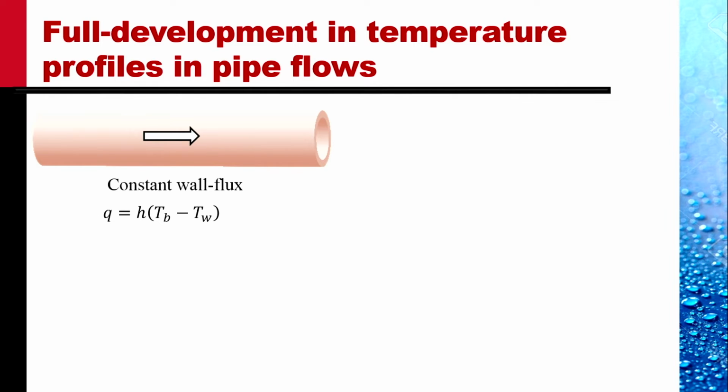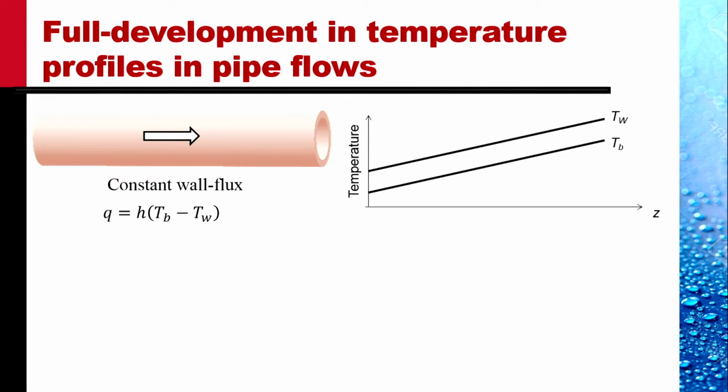The bulk temperature, as you recall, is something like the average temperature of the fluid. If you take the fluid at a given location and you let it run into a mixing cup and mix it up, then the resulting temperature is called the bulk temperature. So the heat flux is h times the bulk temperature minus the temperature at wall.